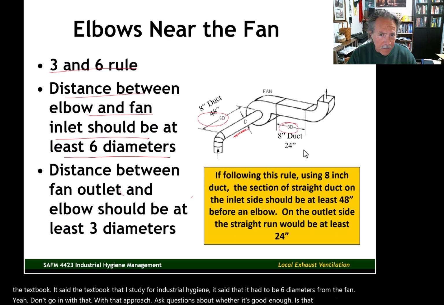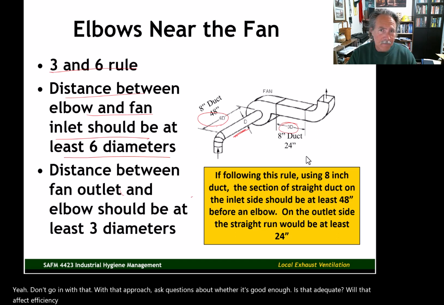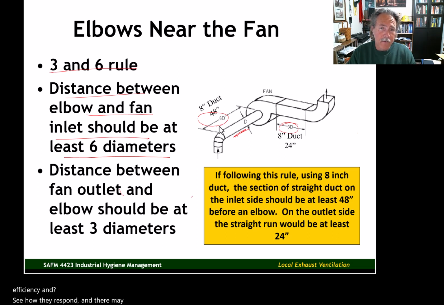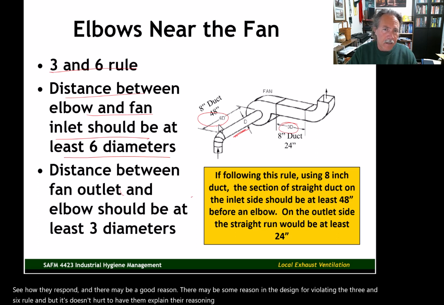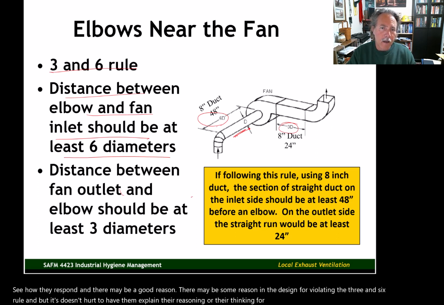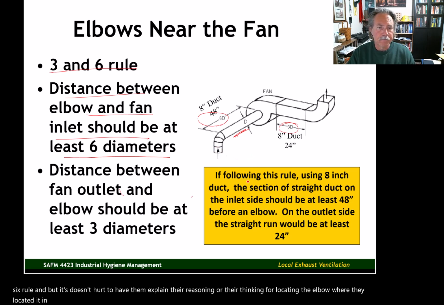Will that affect efficiency? And see how they respond. There may be a good reason. There may be some reason in the design for violating the 3 and 6 rule. But it doesn't hurt to have them explain their reasoning for locating the elbow where they located it in their system. Again, these are best practices. They're not absolutes.